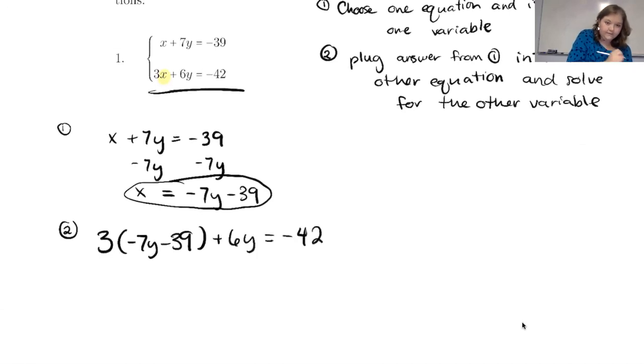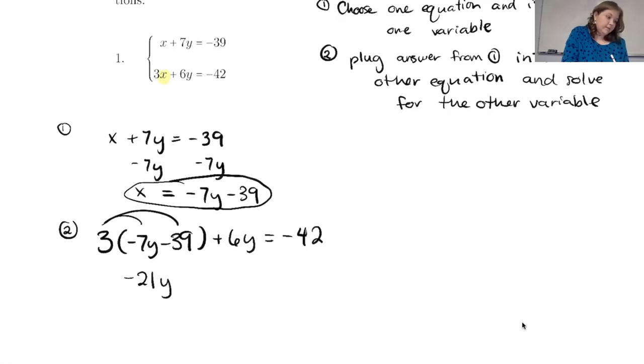So I just stuck it in for x right there in the second one. And so now we're going to solve it for y. So we need to distribute that 3: -21y, and then 3 times 39 is 117, so minus 117 plus 6y equals -42.